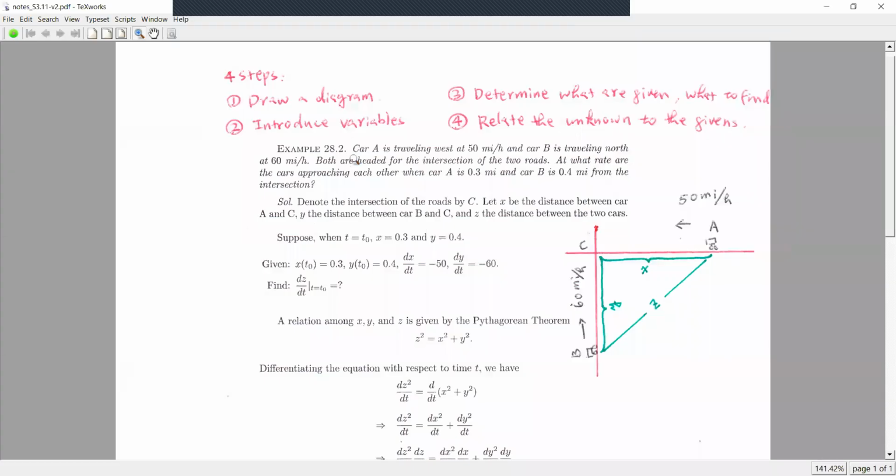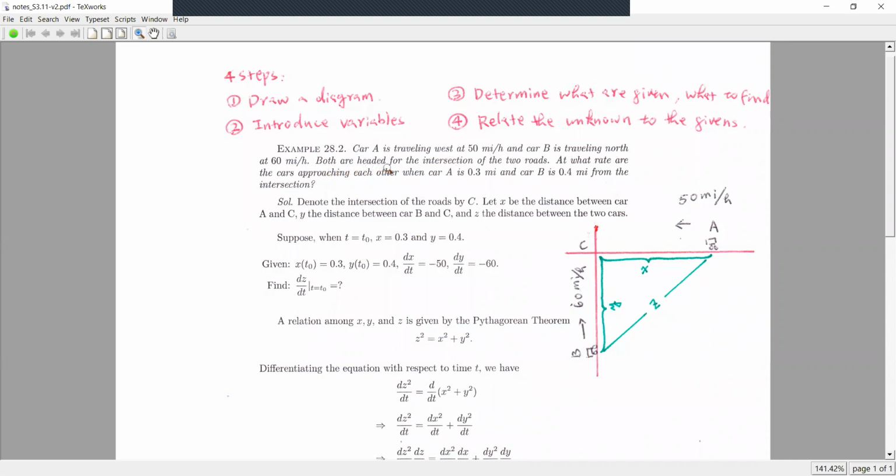Example 2. Car A is traveling west at 50 miles per hour, and car B is traveling north at 60 miles per hour. Look at this diagram. Car A is traveling west, and car B is traveling north.